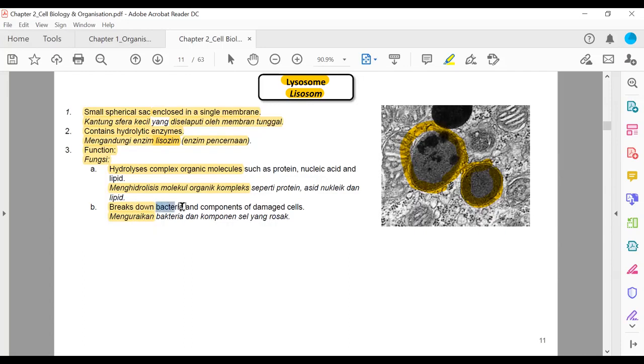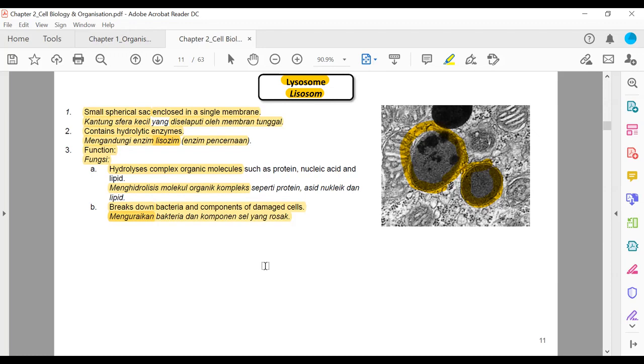Breaks down bacteria and components of damaged cells. Menguraikan bakteria dan komponen sel yang rosak. Katakan ada bakteria masuk dalam sel. Dan kamu tahu bakteria is a bad thing, it can cause disease. So in order to kill the bacteria, destroy the bacteria, here comes the lysosome.